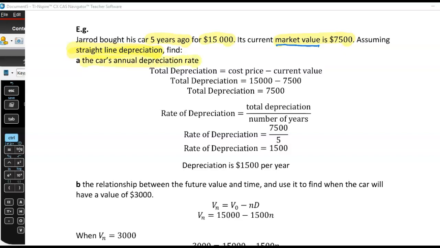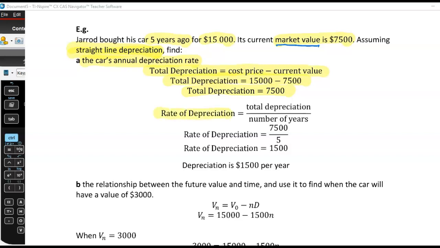So let's think about this. Our total depreciation is equal to how much we originally paid for it, take away how much it's currently worth. So how much depreciation is that $15,000 take away $7,500. So it's ended up being that it's actually depreciated by the $7,500.